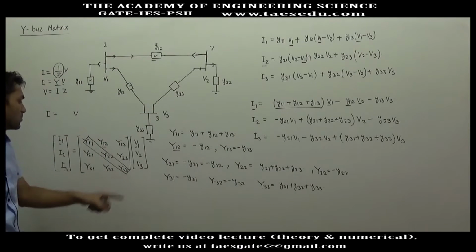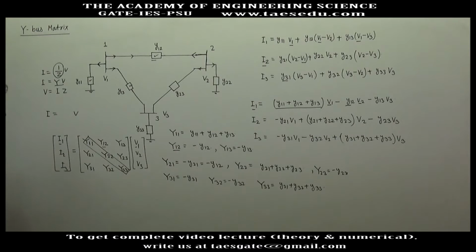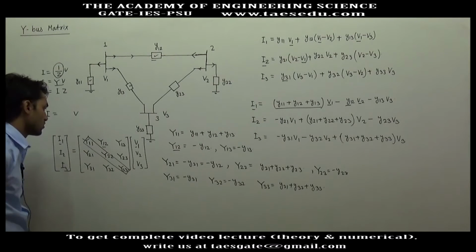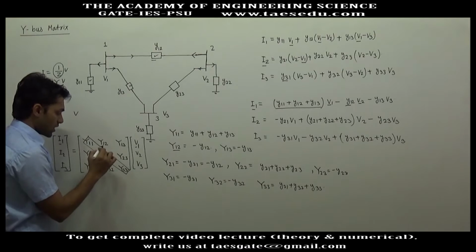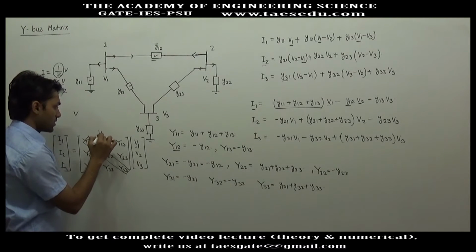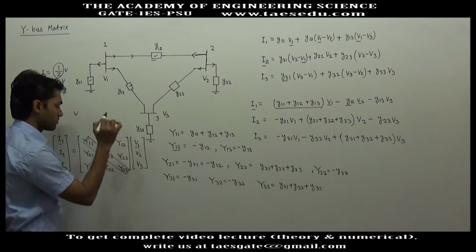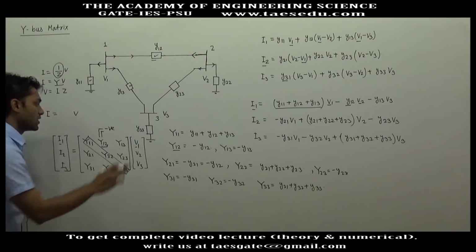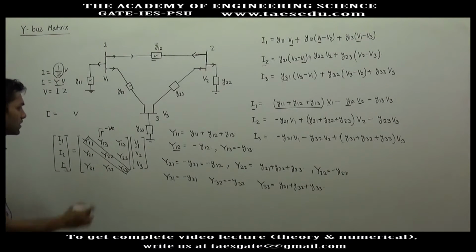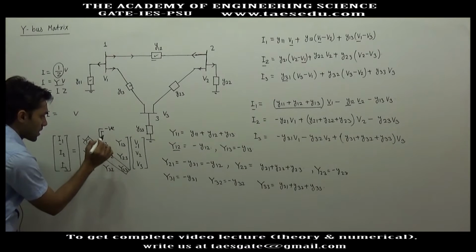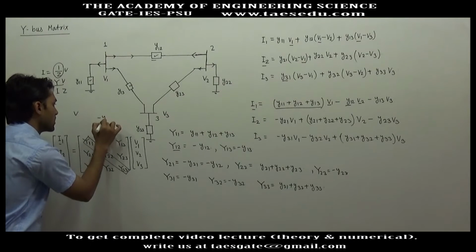So all the diagonal elements are the summation of all the admittances connected to that bus, either through a transmission line or through a shunt. And what are the non-diagonal elements? Non-diagonal elements are just the negative of the admittances. Let's say this is capital Y12, so this will be minus y12.